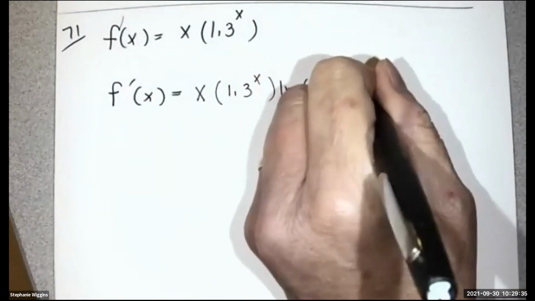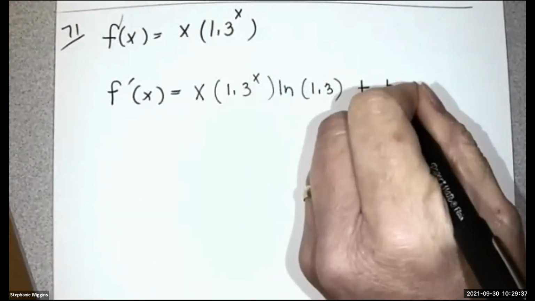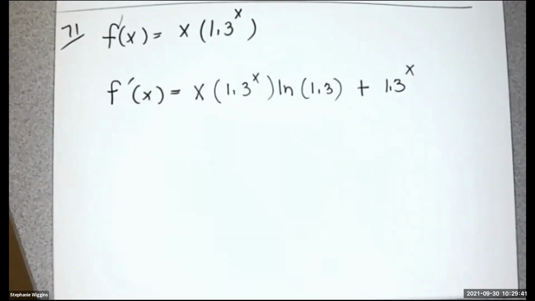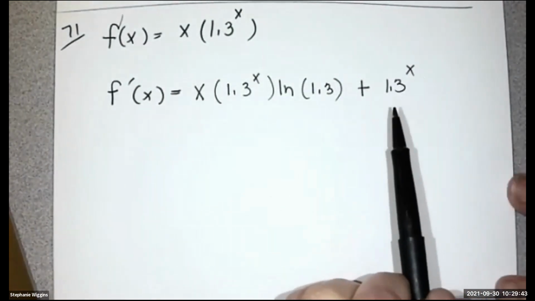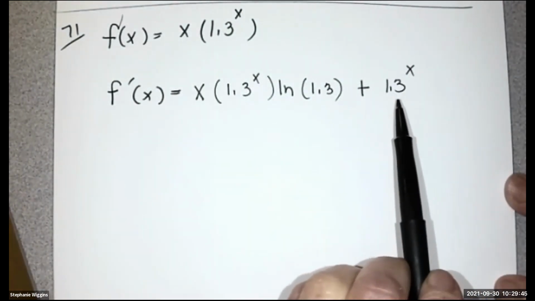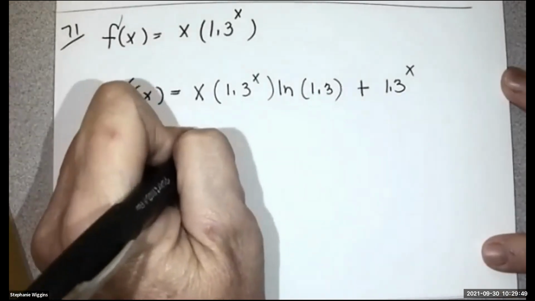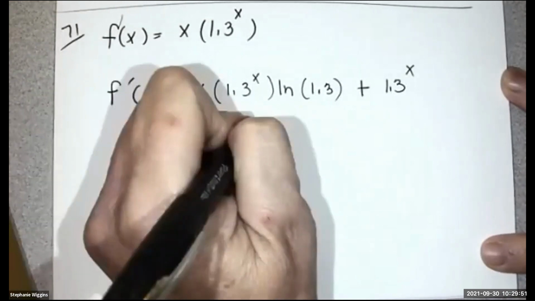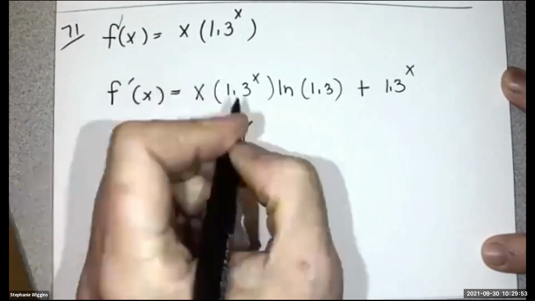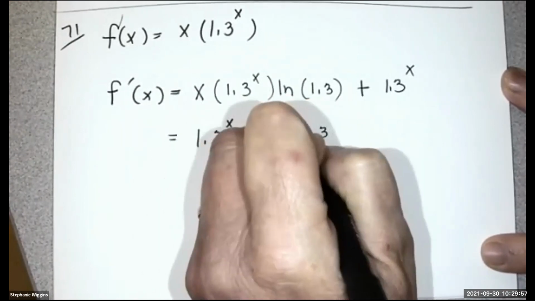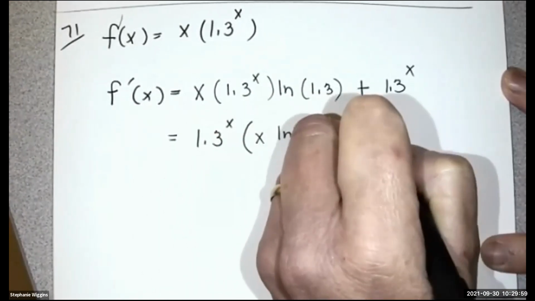Then you add the second function, which is 1.3 to the x times the derivative of the first. Well, that's just 1. So notice that we have a common factor of 1.3 to the x. So we can write this as 1.3 to the x times x natural log of 1.3 plus 1.